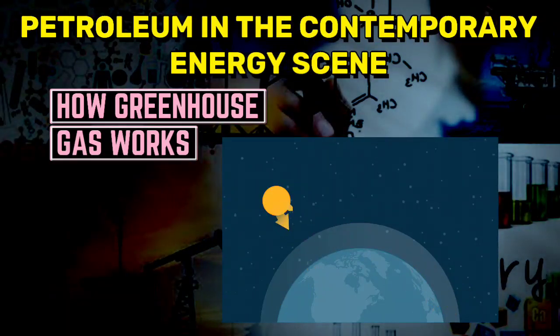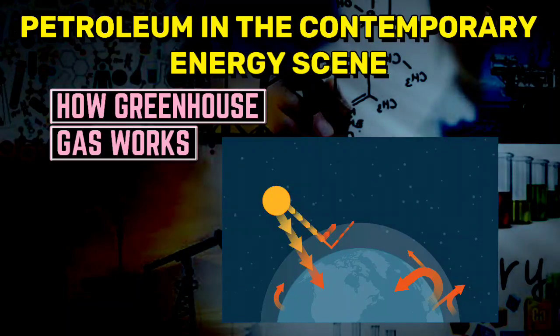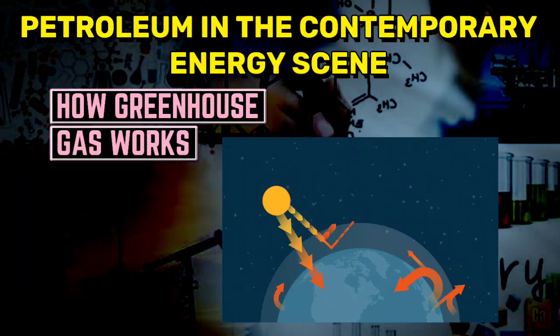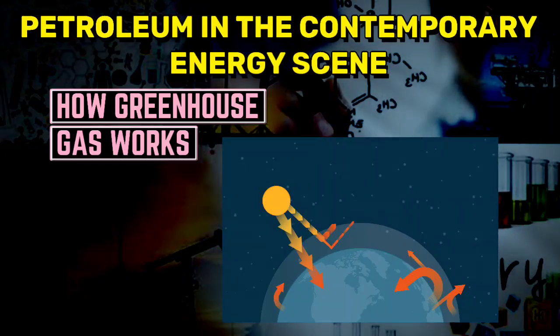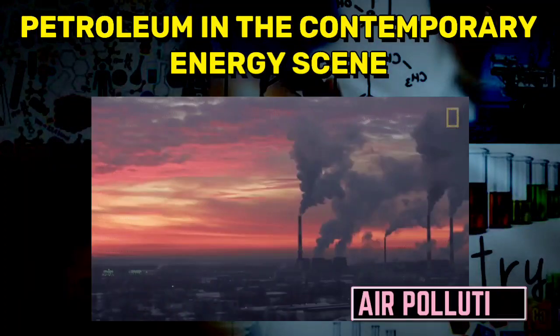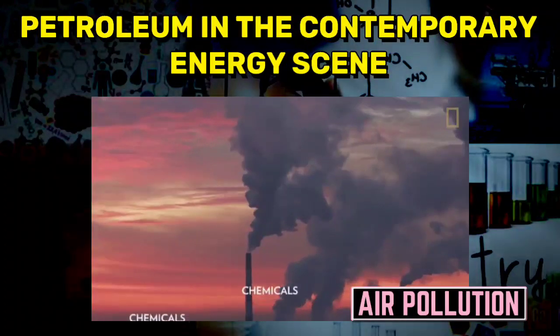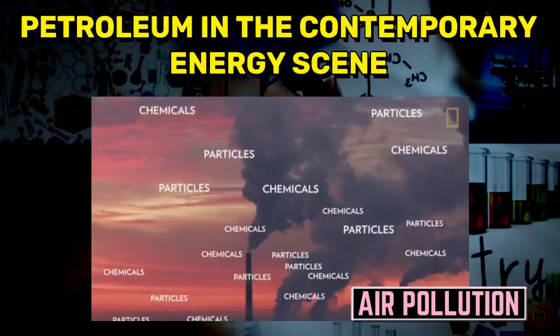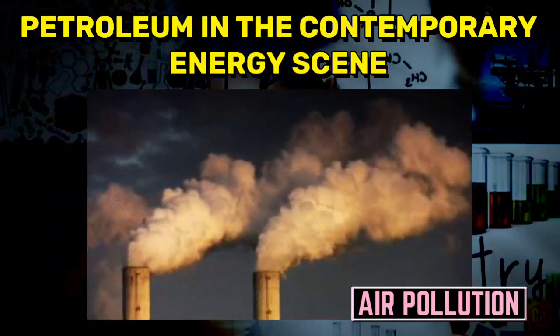Even the extraction, the refining, and the transportation of petroleum have significant environmental impact. Those environmental impacts include air pollution, greenhouse emissions such as methane, hydrofluorocarbons, perfluorocarbons, carbon dioxide, and oil spills.